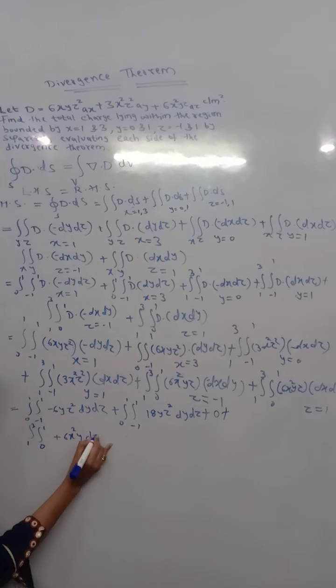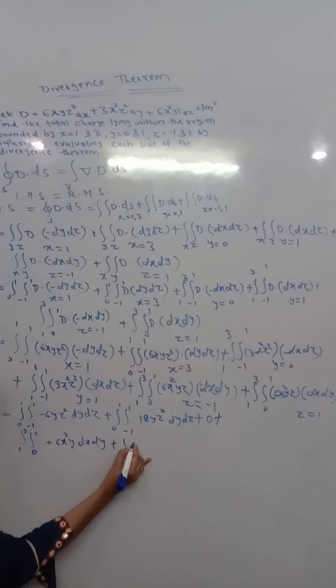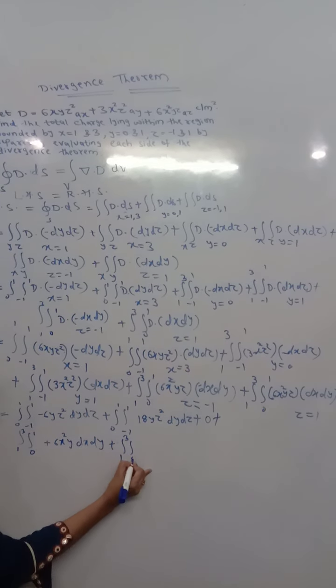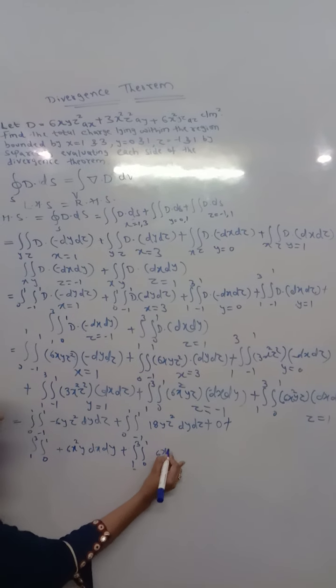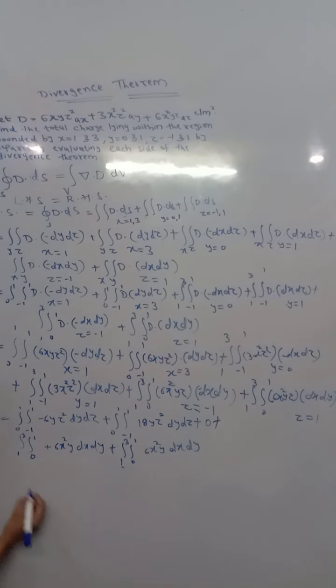So dx dy plus double integral 1 to 3, 0 to 1. Now z value is 1, so here will be 6x square y dx dy.